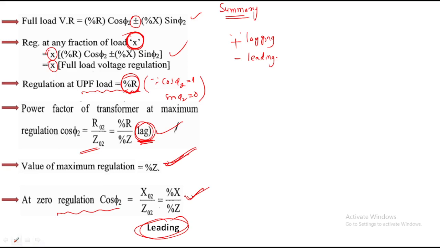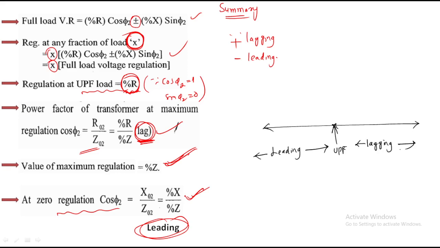So now we have to get the graph. This is the point where UPF. This is leading. This region is what? Let us take leading. This region is lagging. So let us mark UPF.